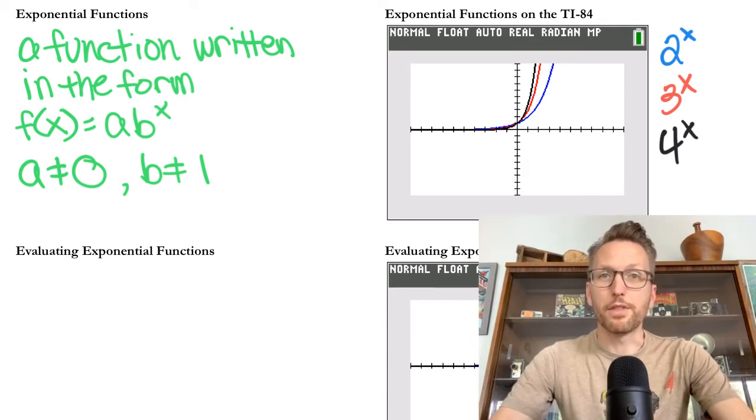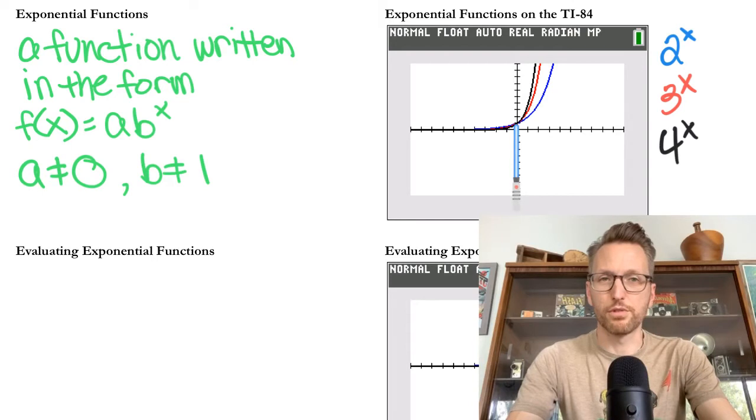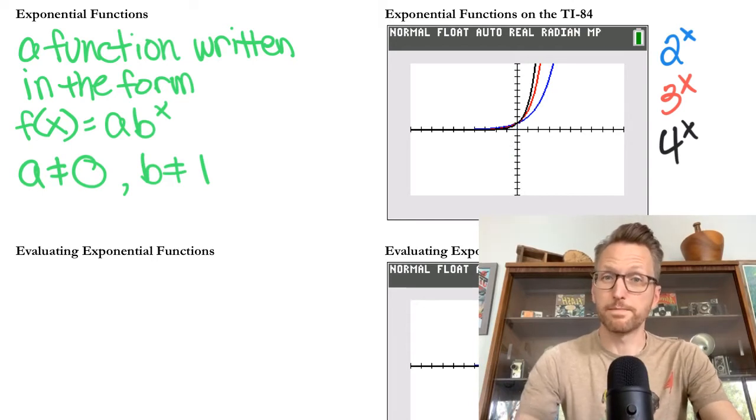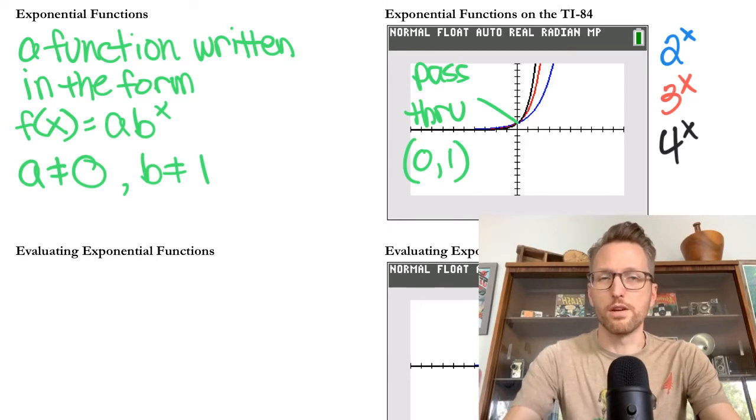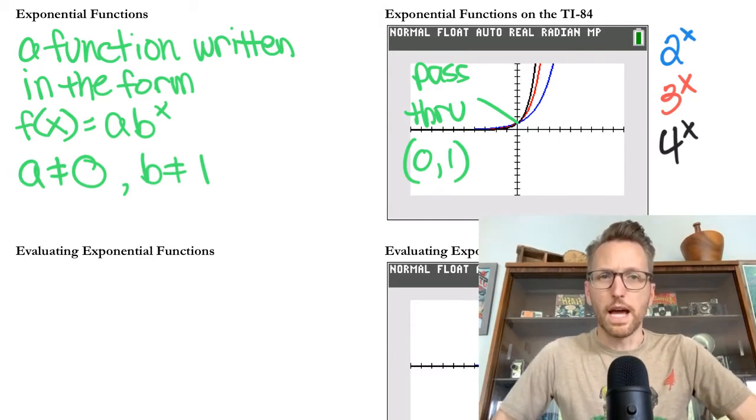But what's unique about the graphs on the calculator is that all 3 pass through the point (0, 1). That could change based on the initial values, but usually if we just start with 1, if you plug in 0 for the exponent, you'll always get 1. And that's it for that.